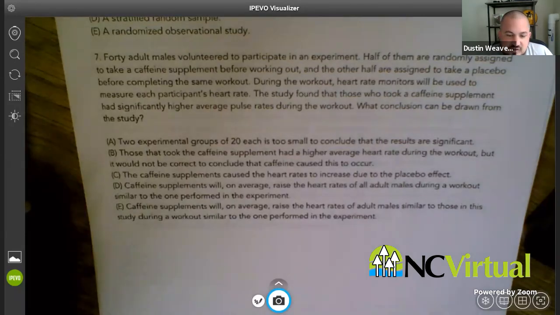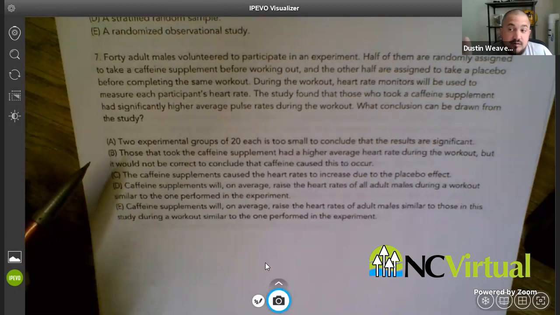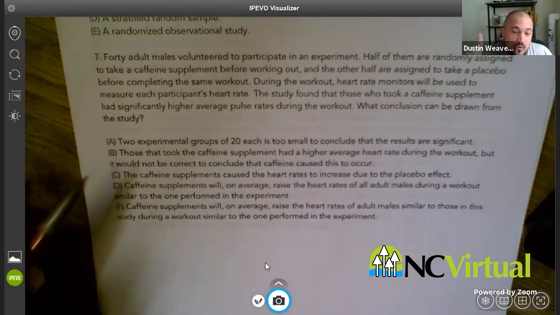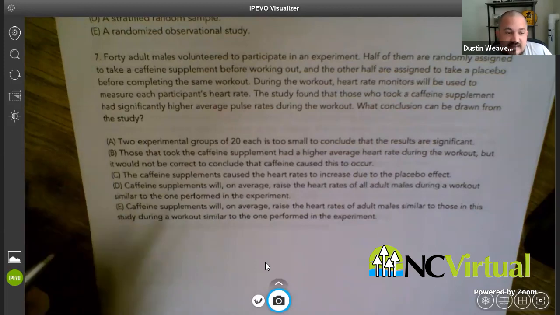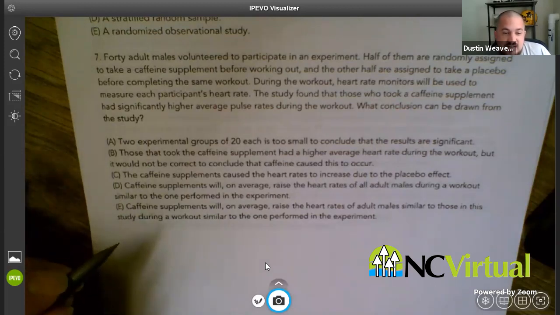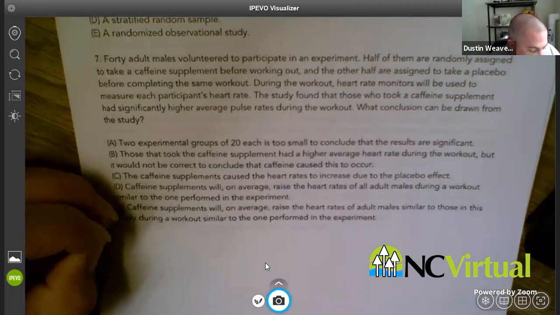Yep, Alexis, I absolutely agree with you there. So caffeine supplements will, on average, not always, right? They will, on average, raise the heart rates of adult males similar to those in this study during a workout similar to the one performed in the experiment.